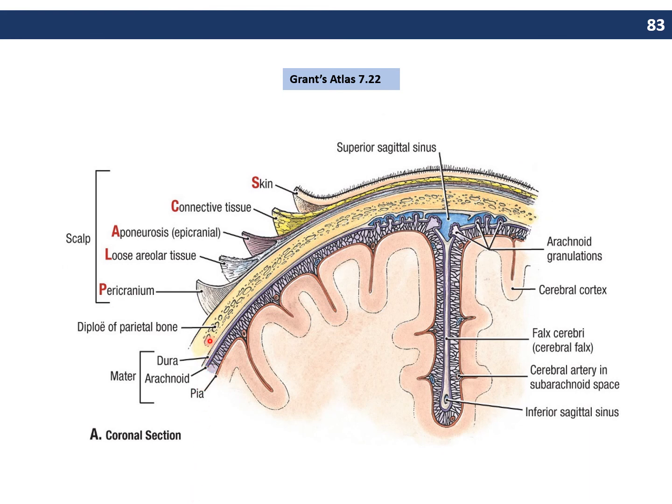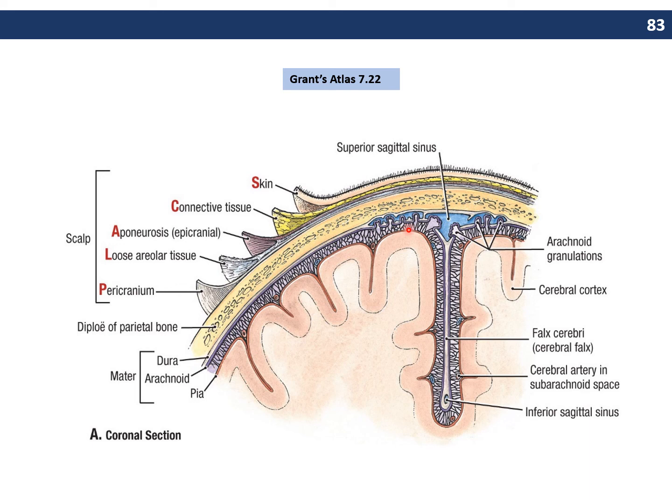So in this image, I just want you to pay attention to these two layers of dura. The meningeal dura separates from the periosteal dura to create, for instance, the superior sagittal sinus. And then deep to that is the arachnoid membrane.